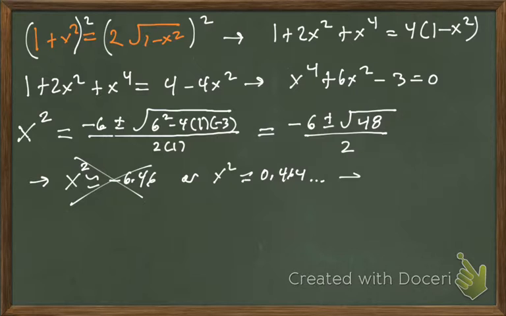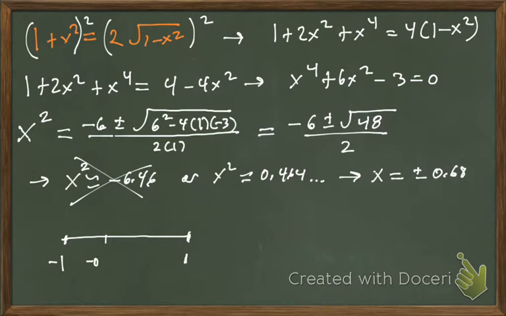I threw out the negative because if I take the square root of a negative number, I'm going to get imaginary numbers, and we're keeping it real here. So we're not going to worry about that, and it's not in our domain of minus 1 to 1 anyway. Taking the square root, x is approximately plus and minus 0.68.